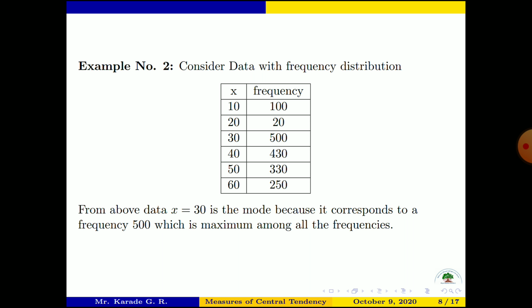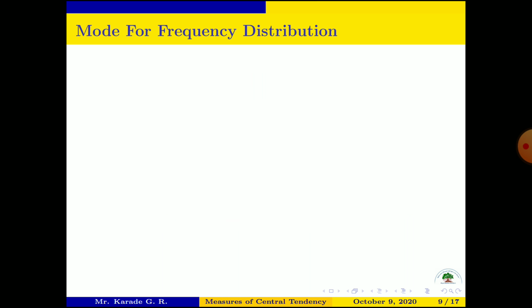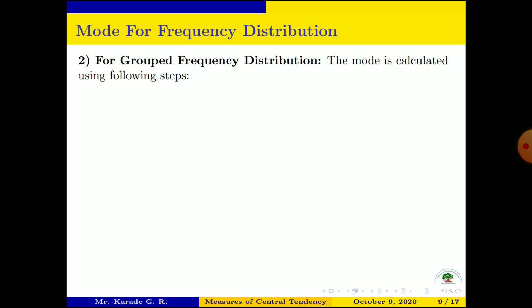And the corresponding value of x is nothing but the mode of the given frequency distribution. Mode for frequency distribution. Now we learn about the mode for grouped frequency distribution. If we have grouped frequency distribution, then how to find mode for this grouped frequency distribution?